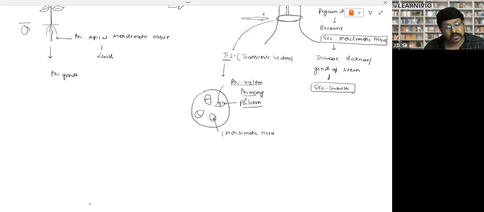These meristematic tissues are called intrafascicular cambium. So cambium is made up of meristematic tissue which has the capability of division.